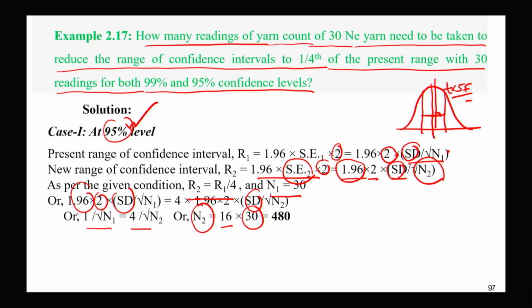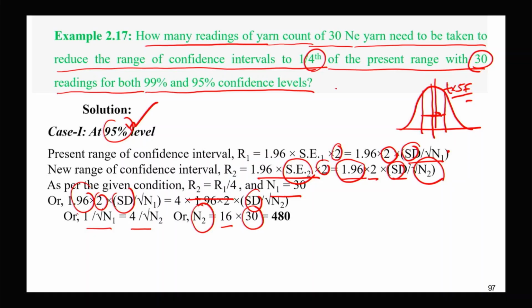So we should remember here, without any calculation we can do it. If we want to reduce it to 1/4 time, we will multiply the present number with the square of that value.